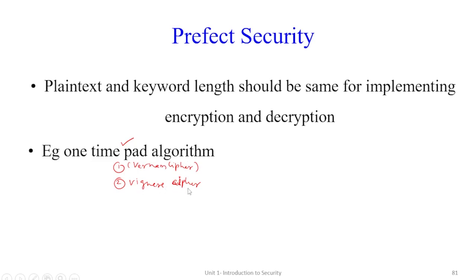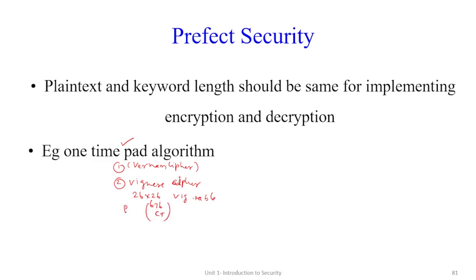In the Vigenere cipher algorithm, we take the plaintext and keyword. Those values are referred to in a 26 cross 26 Vigenere table, which contains 676 ciphertext values.